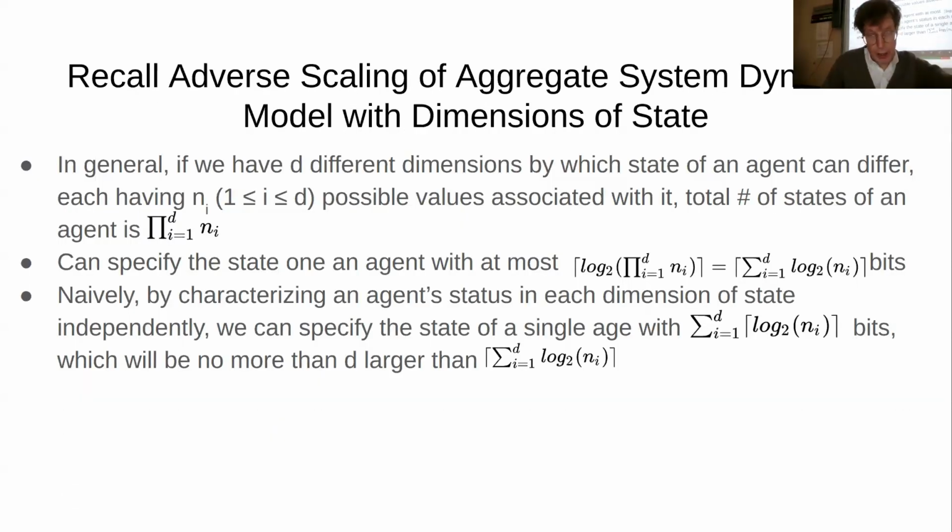The final thing that I just want to highlight is that it has the same features we talked about in broad terms for static heterogeneity. Here, if we want to represent new dimensions of state, I emphasized it before, we need to multiply the size of a stock and flow model.